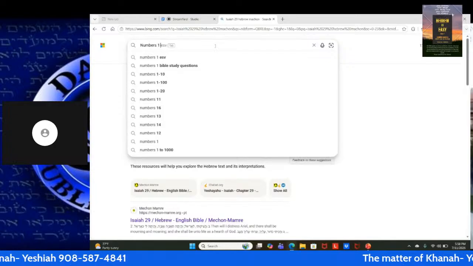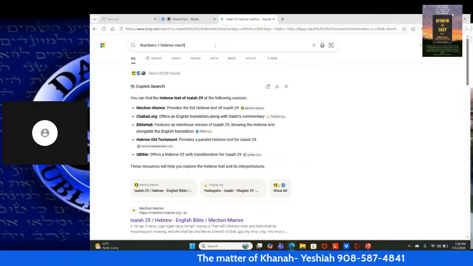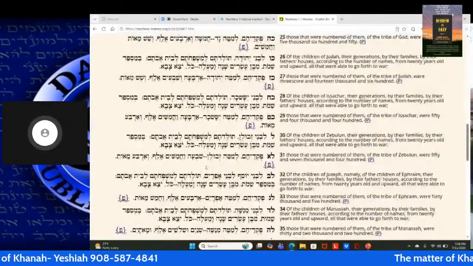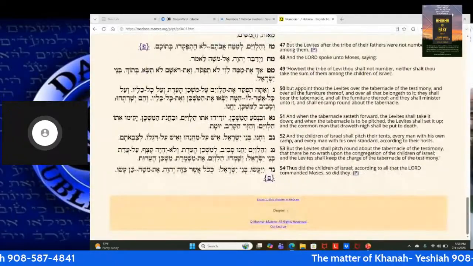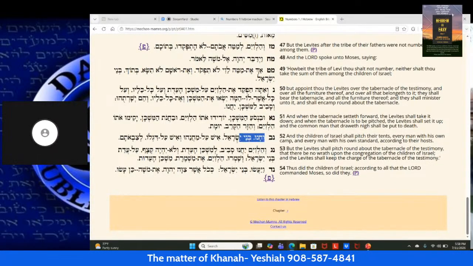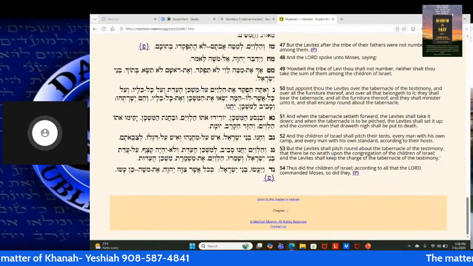Numbers 1, Hebrew text. And let's see what we can ascertain. In verse 52, we see the following. Wakanu Bnei Yisrael, and the children of Israel, they shall encamp.